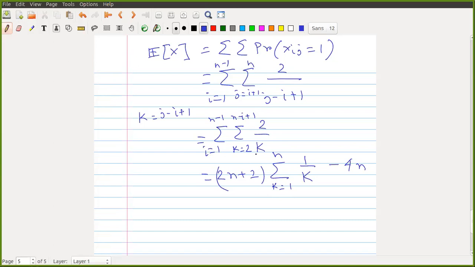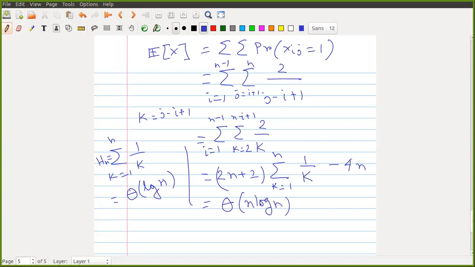As it turns out, the sum of 1 by k for k equals 1 to n is called the harmonic number H_n, and it is theta of log n. Up to a constant the bases are similar, so it will be some sort of theta of n log n.